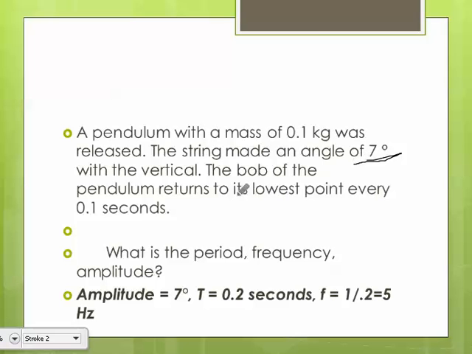And it's going to go back down to 0 and then back up 7 degrees. It's telling you right here that it's 0.1 seconds, 1/10 of a second, right? So the actual period of it is going to be 2 seconds. You have to go from top to top. Okay? And if you take 1 divided by 0.2, you get 5 hertz. Cool?